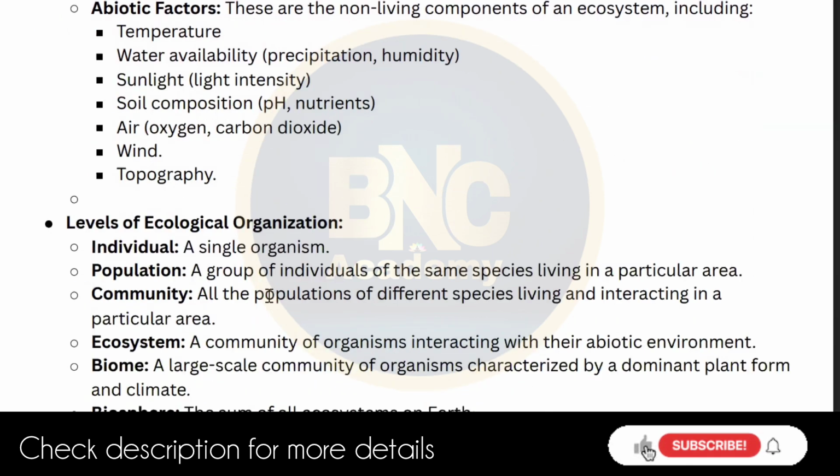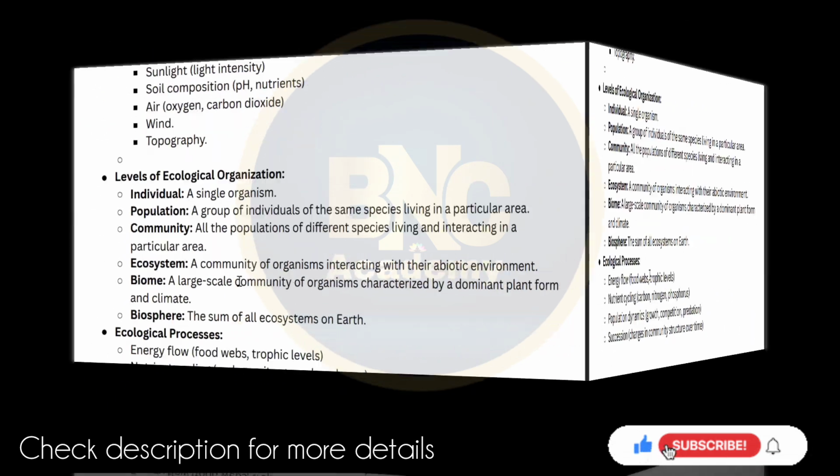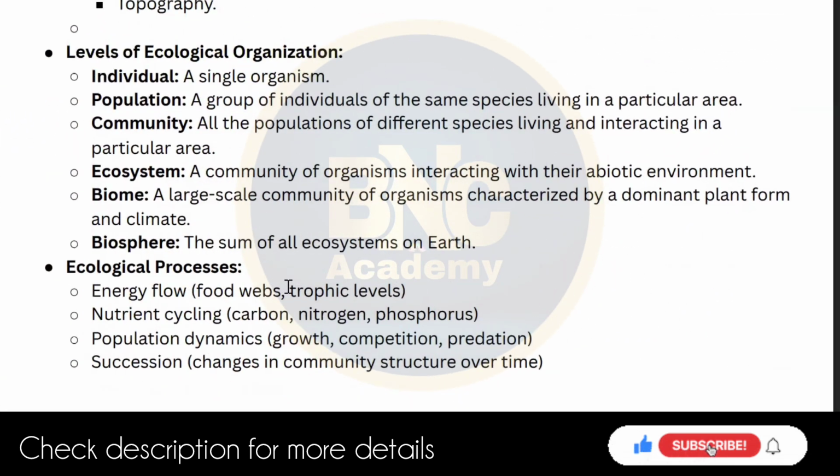Scales of ecological study. Ecology operates at various scales. A researcher might study the behavior of a single wolf in its territory, the growth of a deer population in a forest, the interactions between different plants and animal species in a meadow, or the flow of energy and nutrients through a river ecosystem.